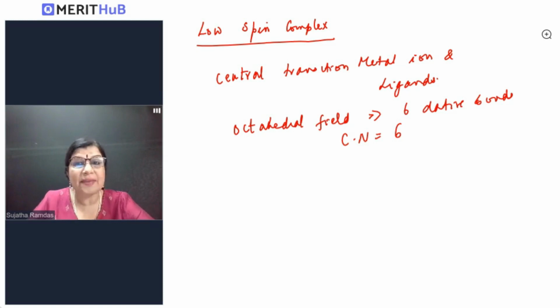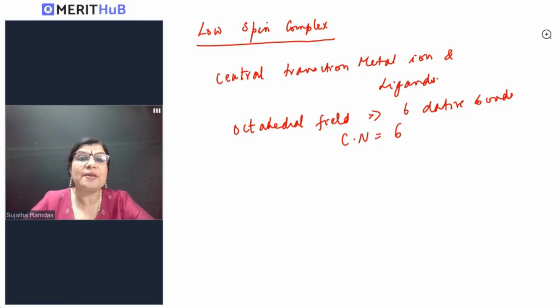The ligands may be monodentate, bidentate, hexadentate. We count only the number of dative bonds around the transition metal ion, arrive at the coordination number 6, and if the coordination number is 6, then the field is octahedral and the geometry of the complex is also octahedral.